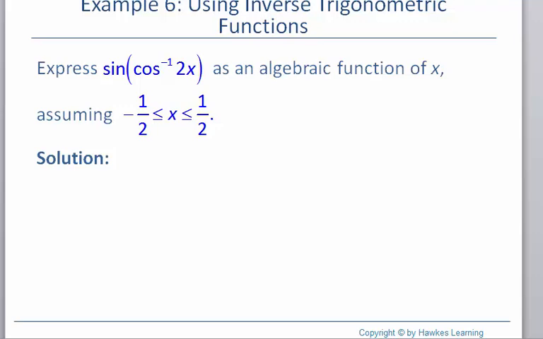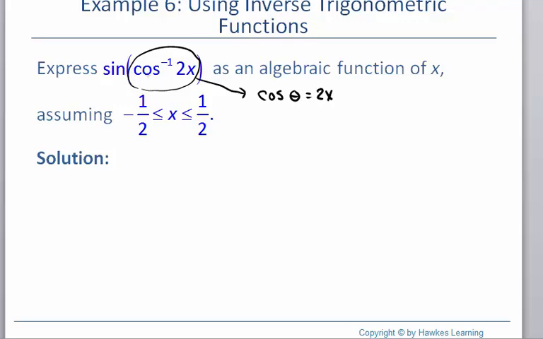Okay, so this is similar to the first problems that we worked in this presentation, in that we are going to start working this by dealing with this part inside the parenthesis. So we know that this is basically telling me that cosine of some angle is going to equal 2x. Now, this is not going to be something where I'm going to specifically be able to name an angle, and so I'm going to need to draw a triangle.